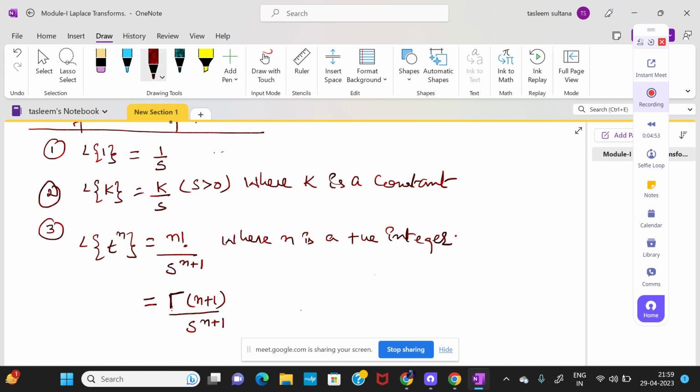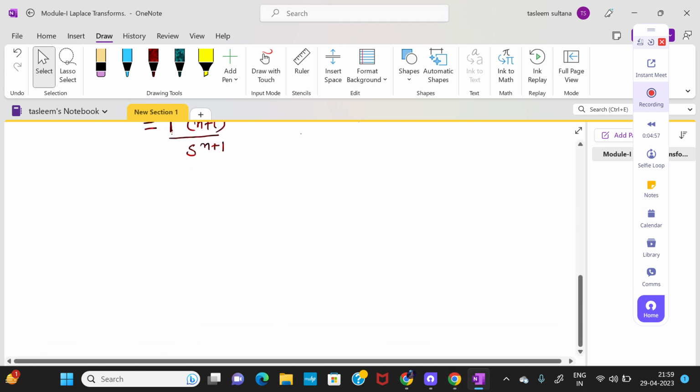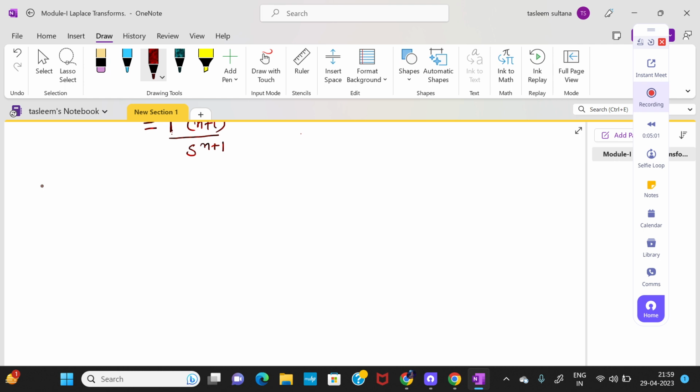Next, the fourth one, L of e power at, which is equal to 1 by s minus a, where s minus a has to be greater than 0.